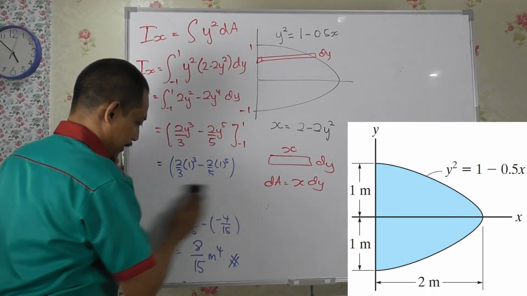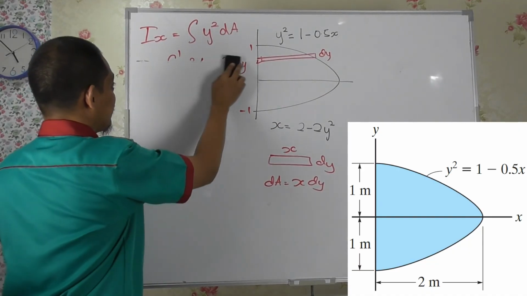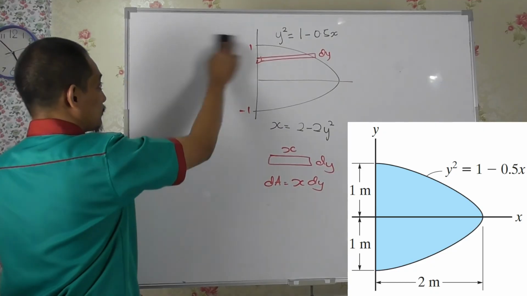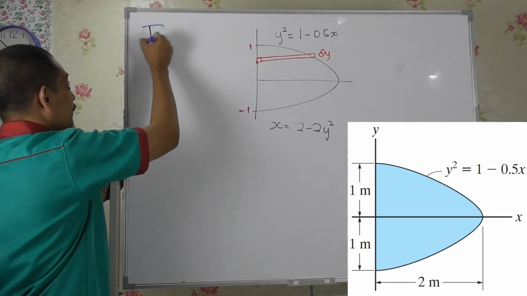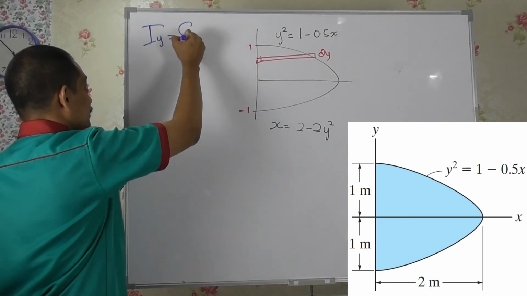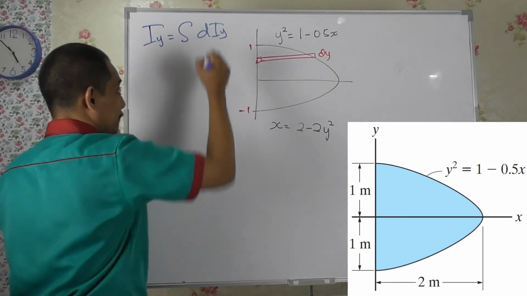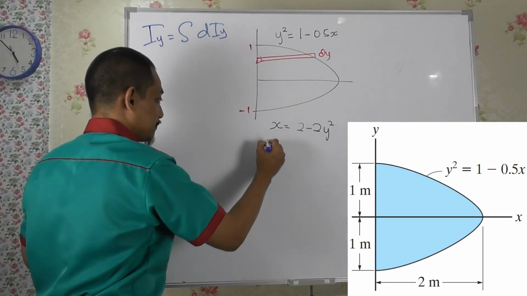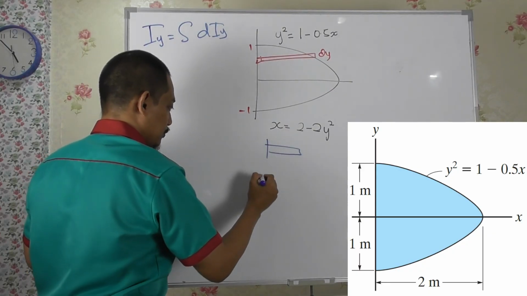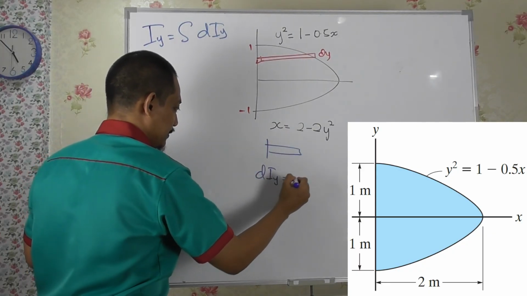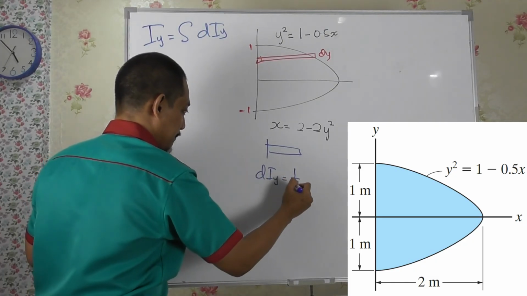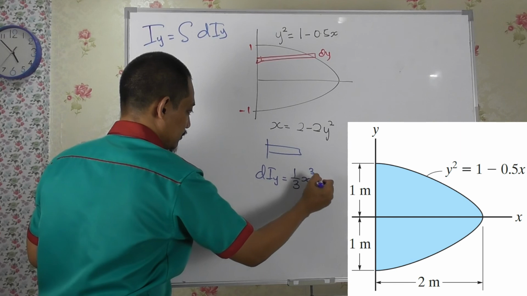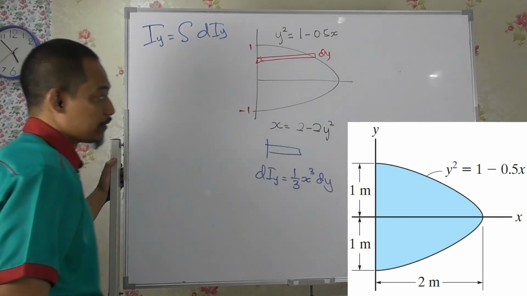So what about Iy? So we answer part C now. Iy, using this area, will be the integration of dIy, right? So based on this area, dIy will be 1 over 3 x cubed dy, right?